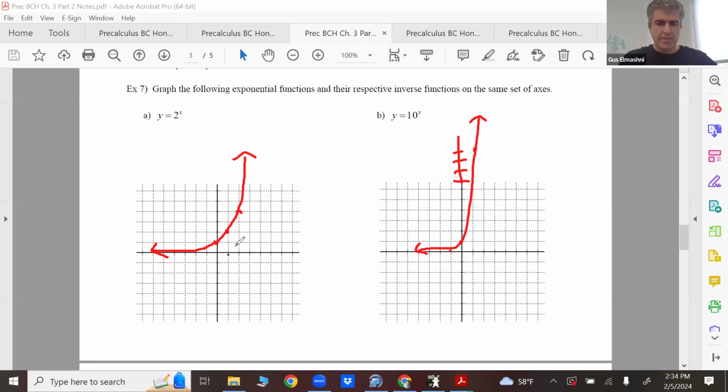That's not too hard, right? Easy peasy, right? Not too hard.